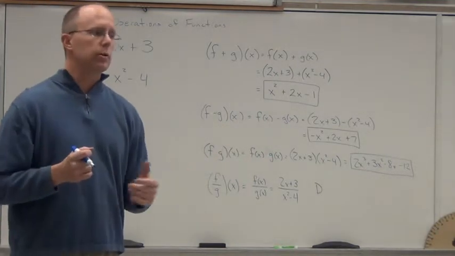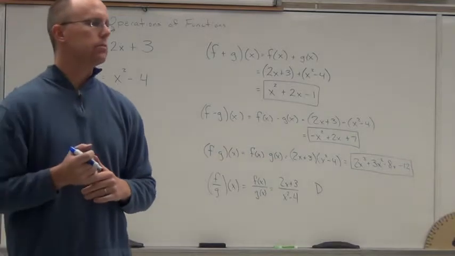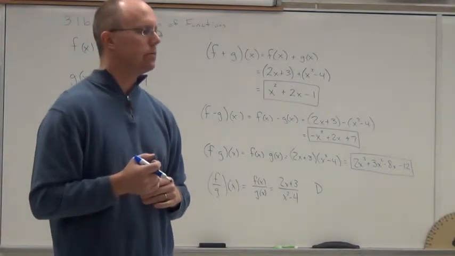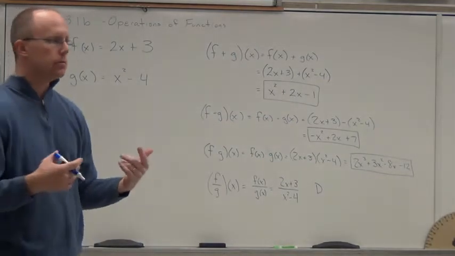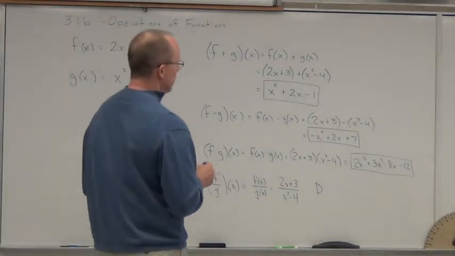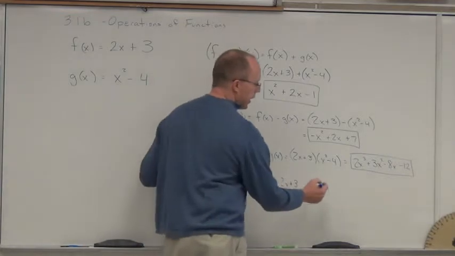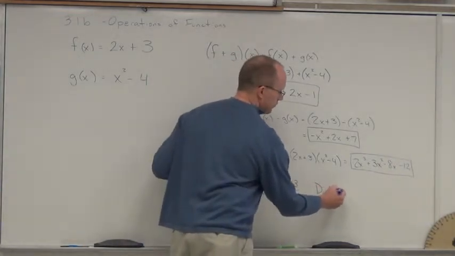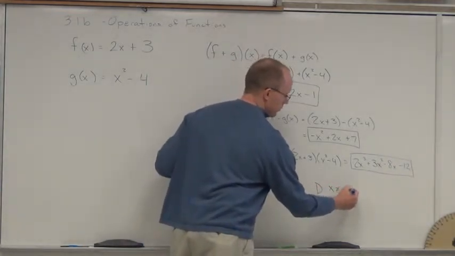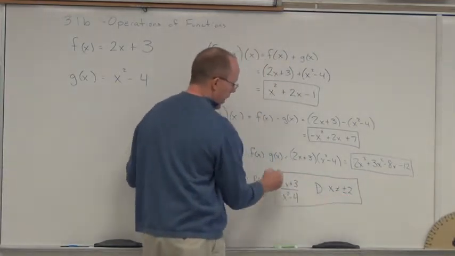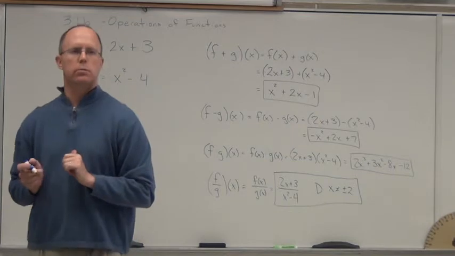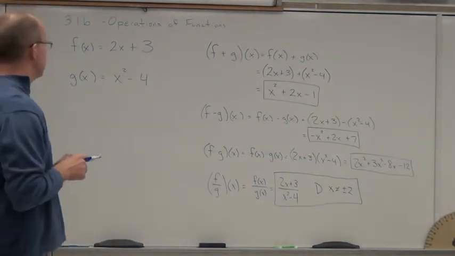We've got to set our x squared minus 4 equal to 0, because that's our denominator. Add 4 to both sides, square root. And so for our domain, we get x cannot equal plus or minus 2. So then all of that will be your answer for the division.